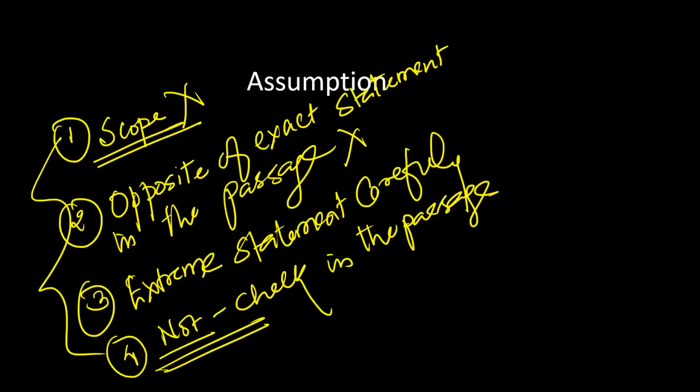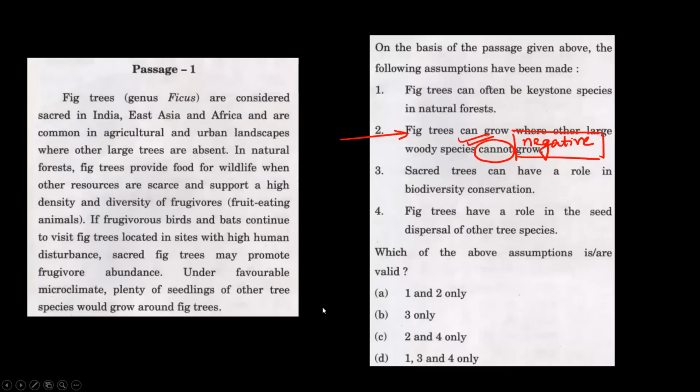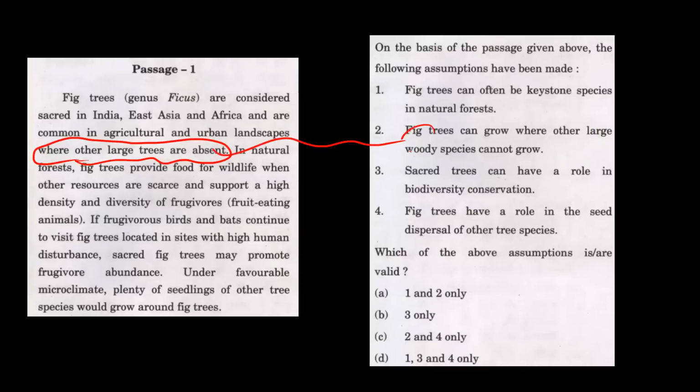Second, guys, is the opposite of the exact statement. You see, everywhere they are writing the exact statement and they are changing it. In every question they have done the same thing. Exact statement, large trees, and they are changing it: cannot grow.